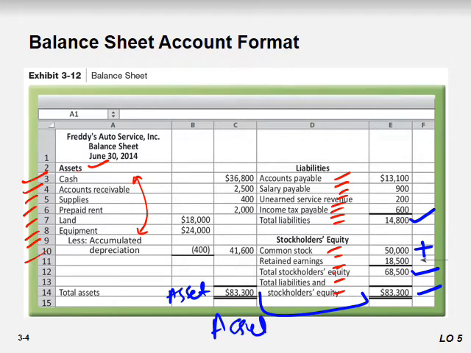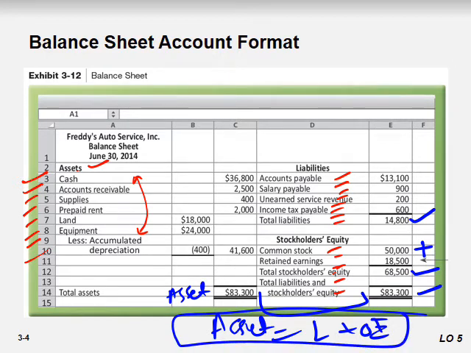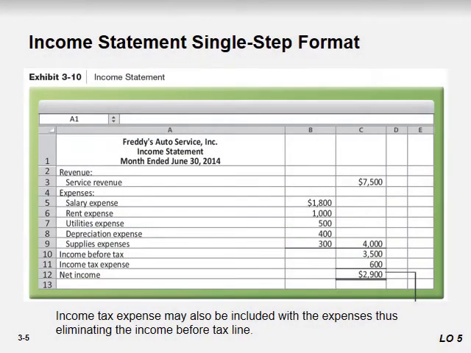So assets is equal to liabilities plus owner equity. That is the balance sheet equation that must hold true. That is the account format of the balance sheet. And now moving towards understanding the income statement single step format.